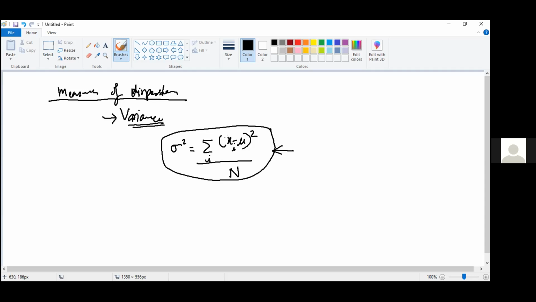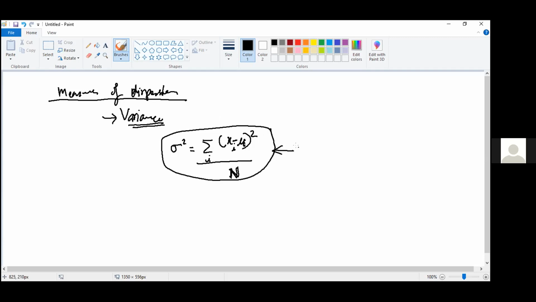So you calculate the distance of each item or sample in your data from the mean, where mu is the mean. How far is your data from the mean? You square it, do it for all the samples, sum it up, and divide by the number of observations.